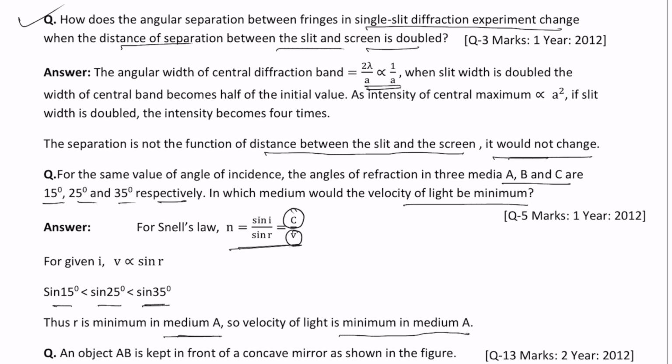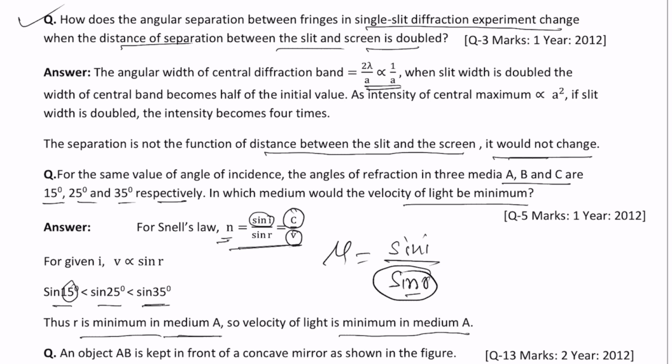Because the refractive index should be the same, if sin i is fixed, sin r also has to be less for the refractive index to remain the same. So the angle of refraction should be less. So r is minimum where the refractive index is maximum.